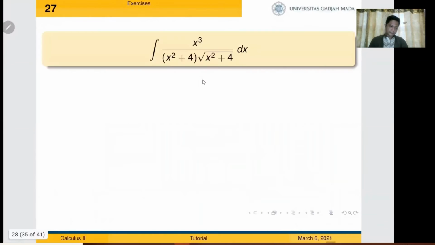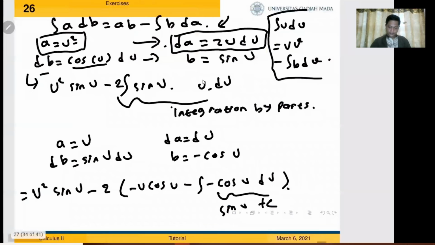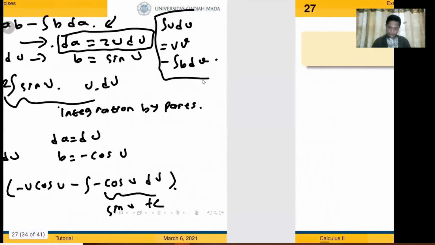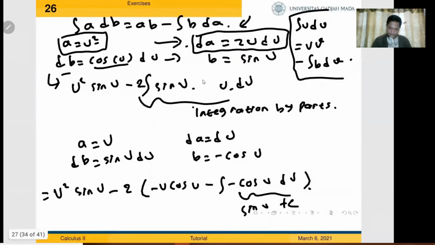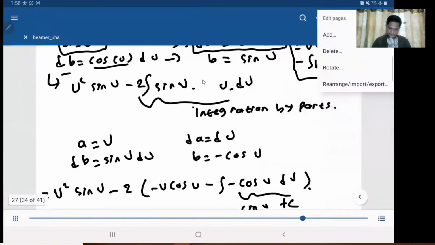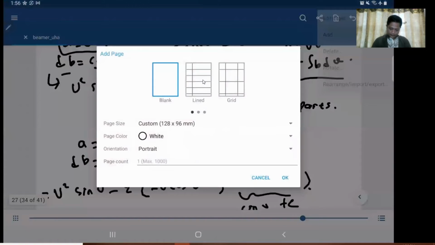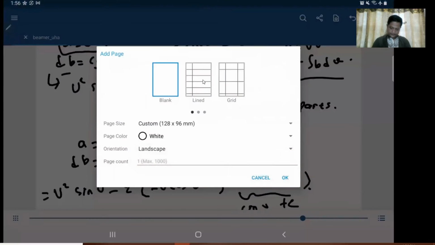So if we wrap up everything, we have the integral of arcsin, no, I cannot write here. This one is the next question, so I should add one more page. One more page. Okay.